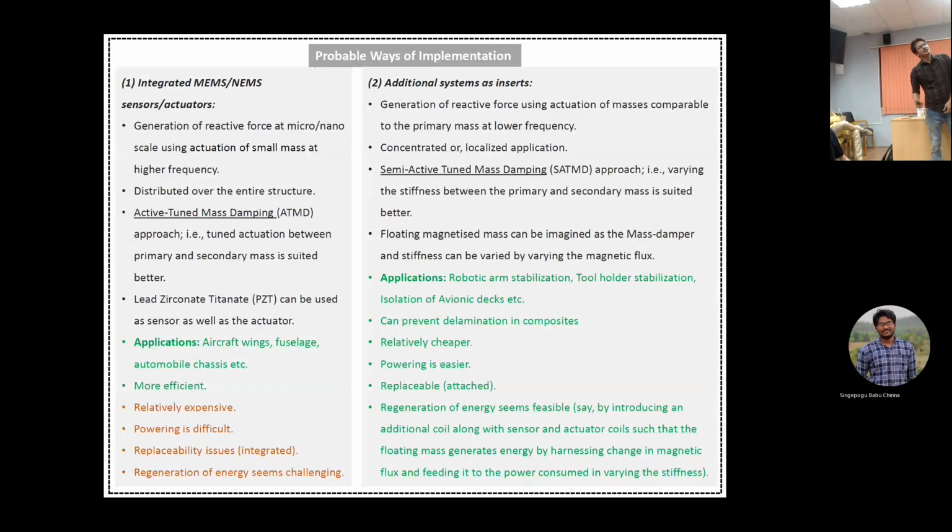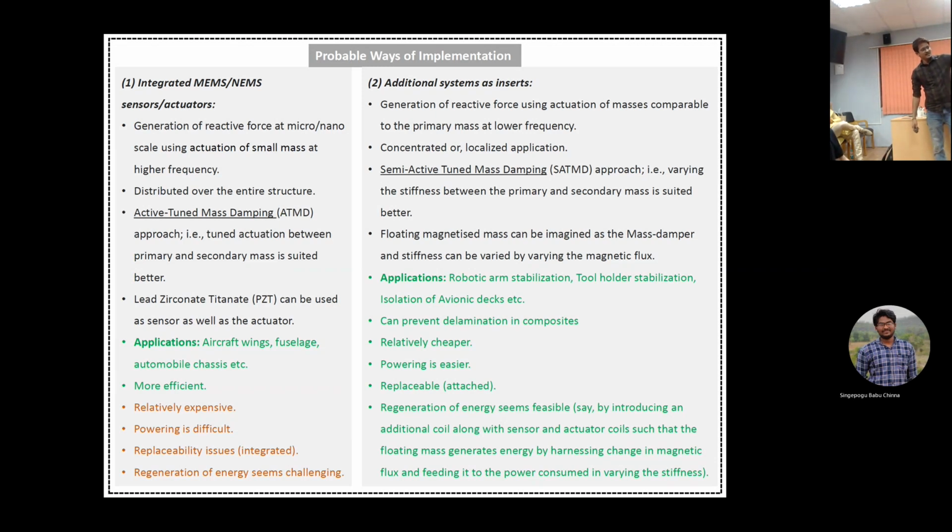So two ways I can think of: integrated MEMS or NEMS actuators and sensors with the structure, and the other one as separate inserts in the composites or something. What I found is that it is applicable for aircraft wings, fuselage, automobile chassis.